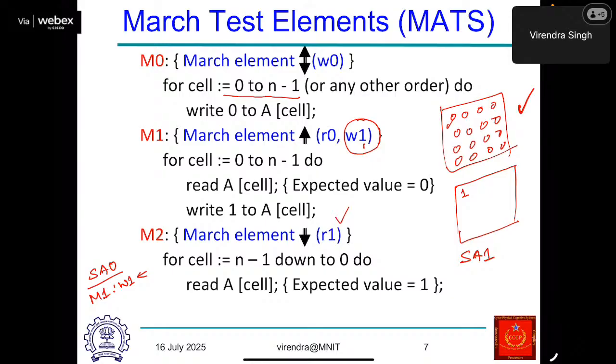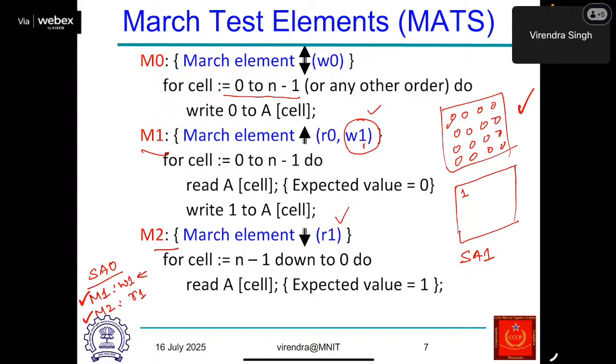And then it is detected when I use this M2 in the second march, when I apply r1. So this is the excitation condition, and this is the detection condition. So the fault is excited by this march M1 when I use write 1 in that, and then detected in this r1.